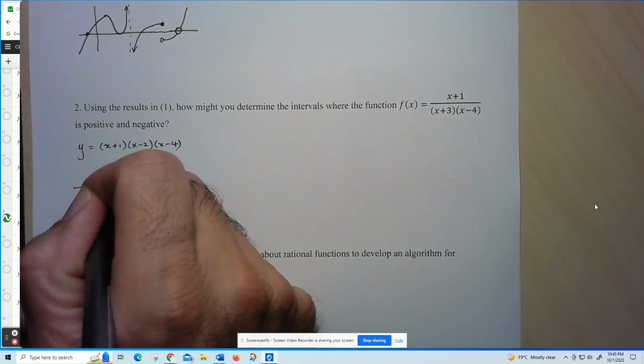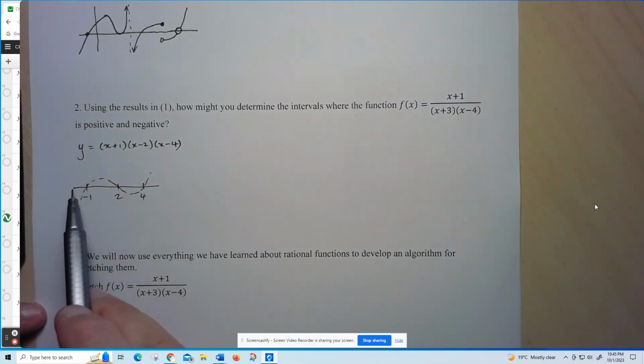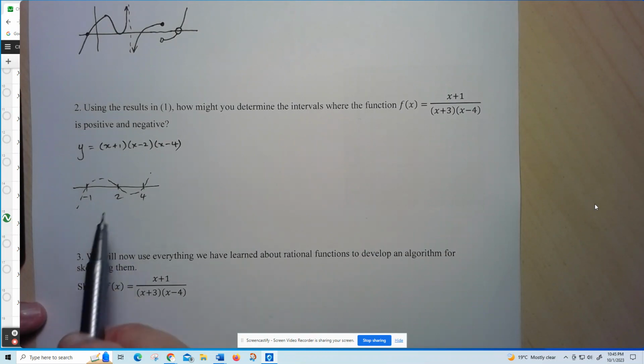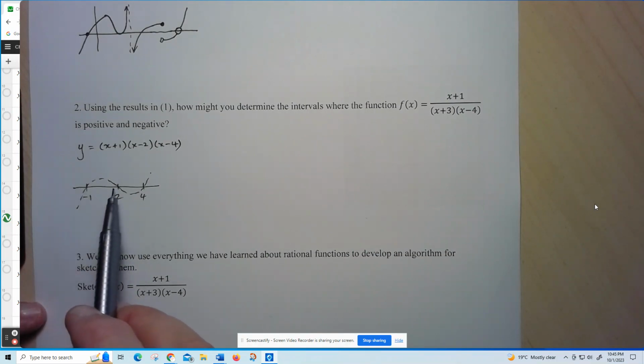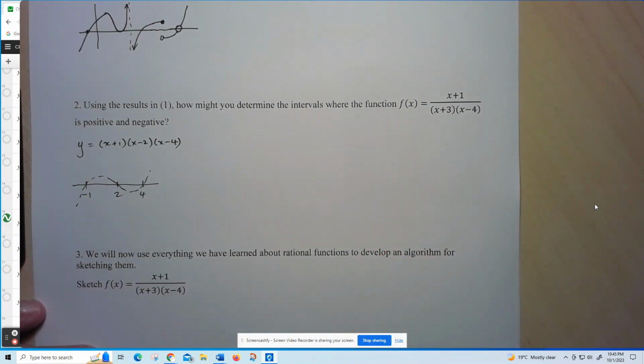I know that the function is going to have to look like this, and I can just read the sign right off the graph. So it's negative from -infinity to -1, from 2 to 4, and positive from -1 to 2, and 4 to infinity. Problem is, rational functions are not easy to graph.